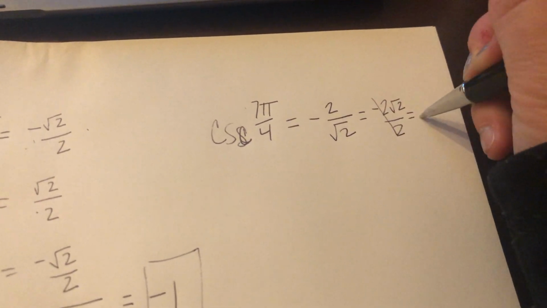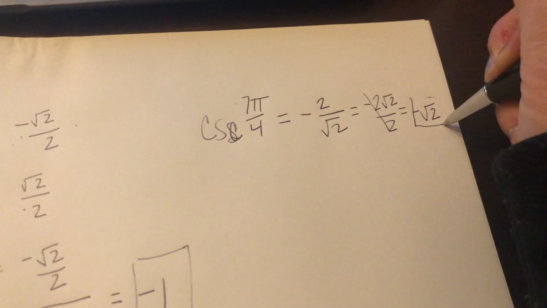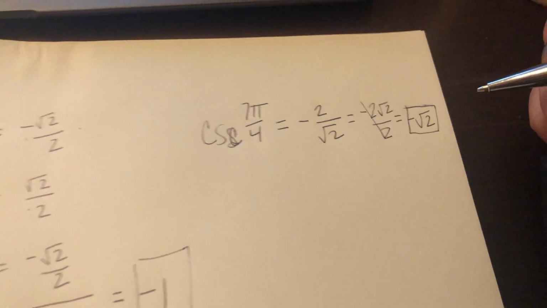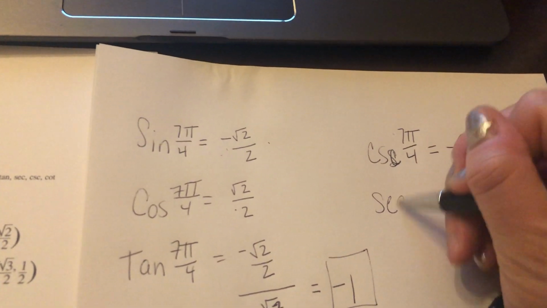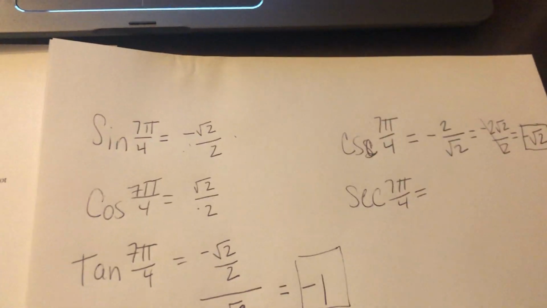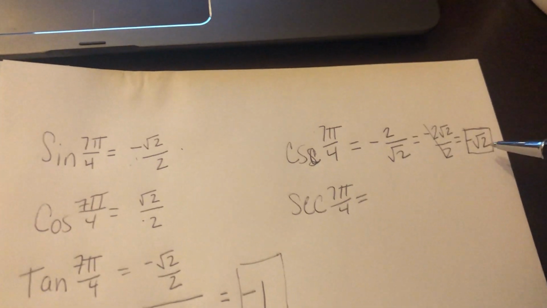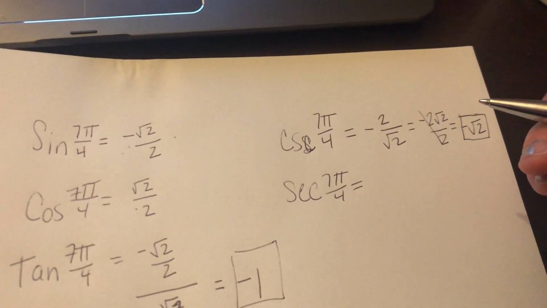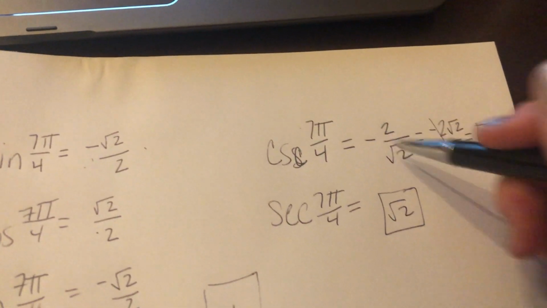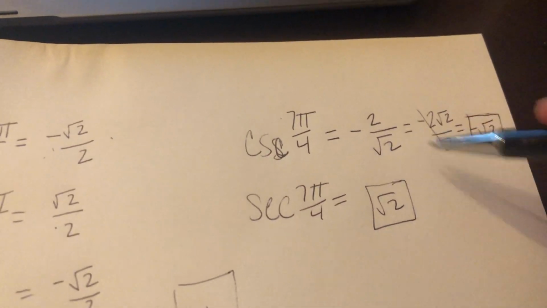This cancels, and I have negative radical 2. Secant of 7 pi over 4 is the reciprocal of cosine, so it's the same thing but the positive version: positive radical 2.